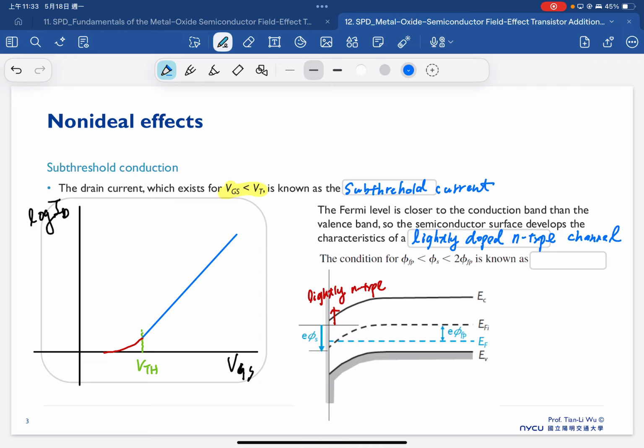And also, although it hasn't reached the condition of φS larger than 2φF, this condition, φS below 2φF but still larger than φF, can be considered as weak inversion.